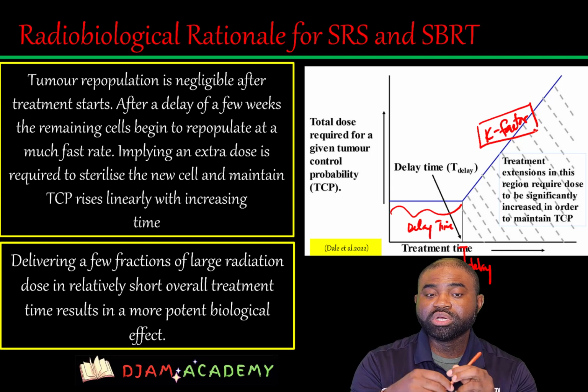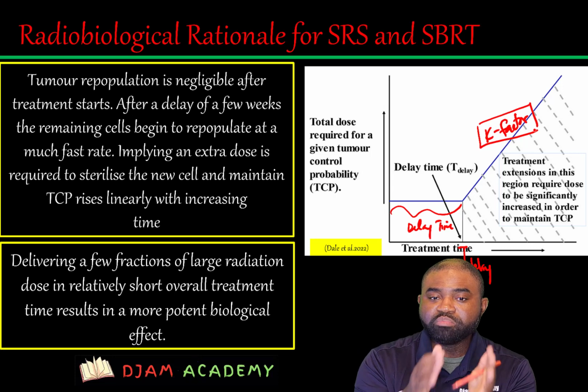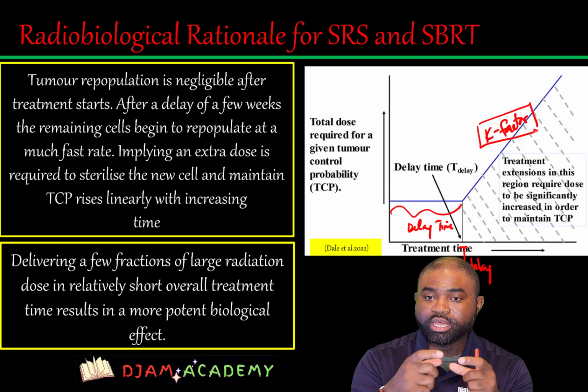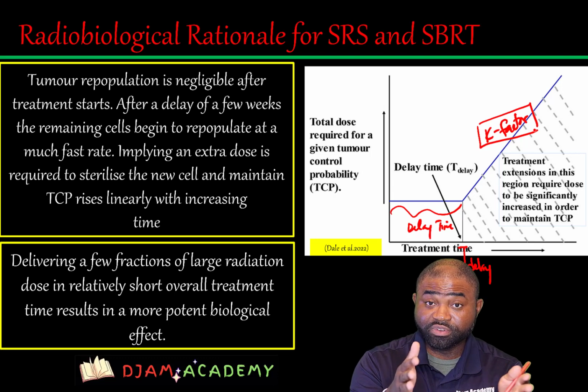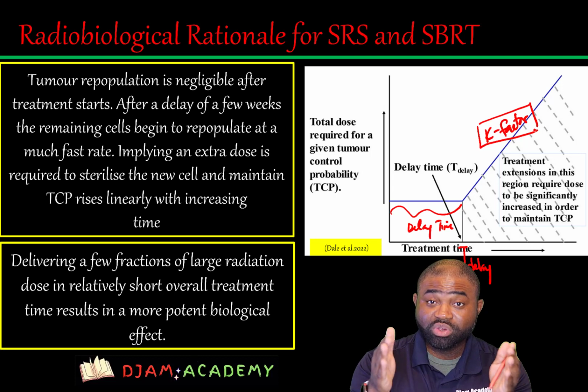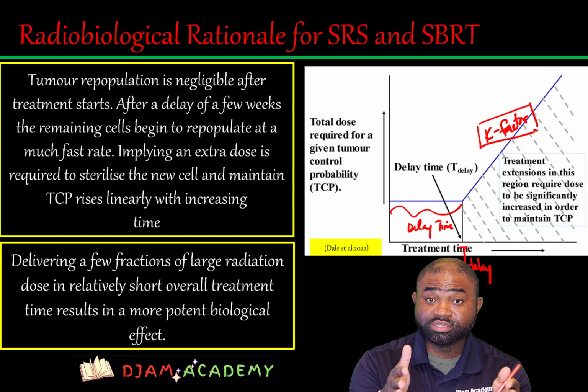And so the radiobiological rationale in this particular sense for SBRT is we typically deliver this technique in 1 to 5 fractions within 2 weeks, which is within the time period in which cells are not rapidly dividing.